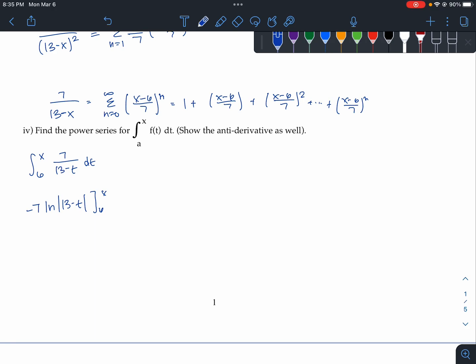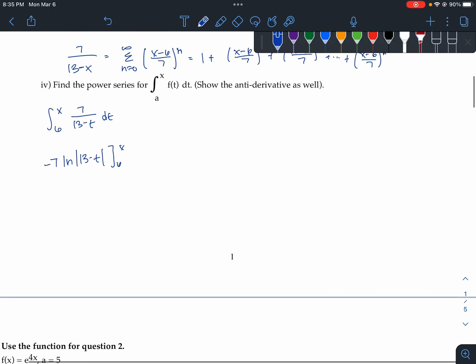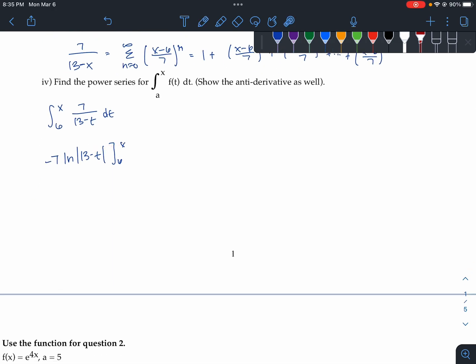And so with that being said, let's evaluate our bounds. So I'm going to plug in my x. So I'm going to get -7 natural log of 13 minus x, and then plus, because I have to subtract the lower bound, and my lower bound's already negative, so 7 natural log of 13 minus 6, which is going to be 7. Okay, so I've found the function.